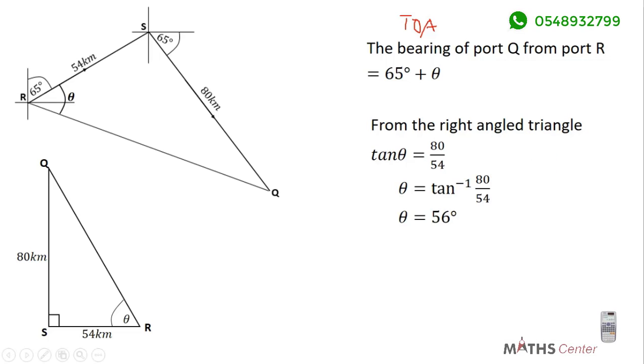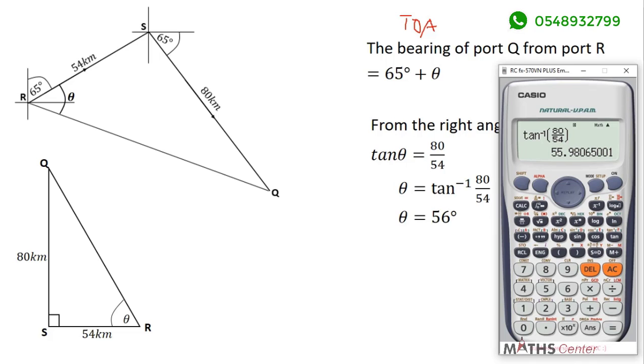Remember, the question said that we should leave our answer in one decimal place. So here I round this. If you are leaving your answer in one decimal place, you add 1 to 9. When you add 1 to 9, it becomes 0. So you transfer it to this side, which becomes 56.